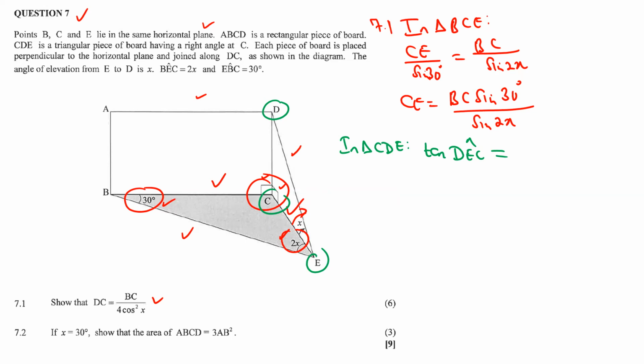The tangent of DEC is equal to the opposite DC over the adjacent CE. We're interested in DC. Algebraic manipulations give that DC is CE times the tan of DEC.